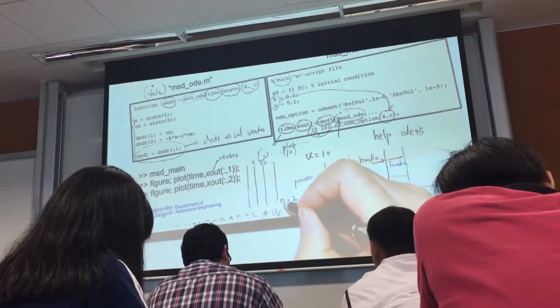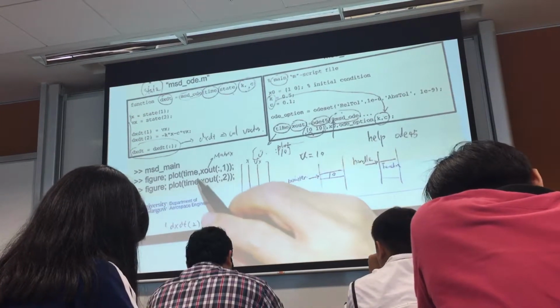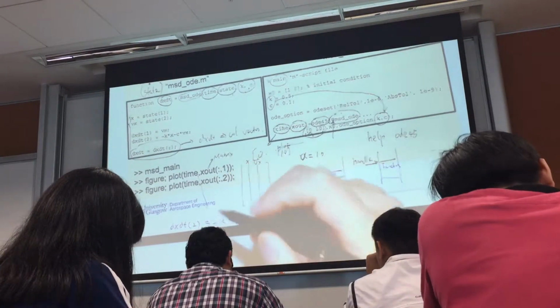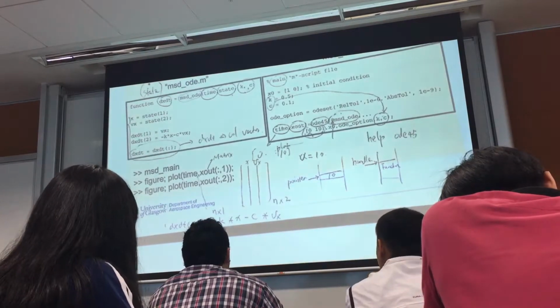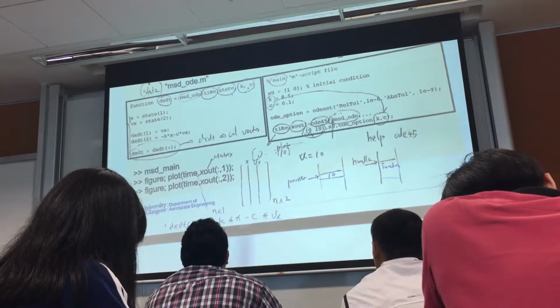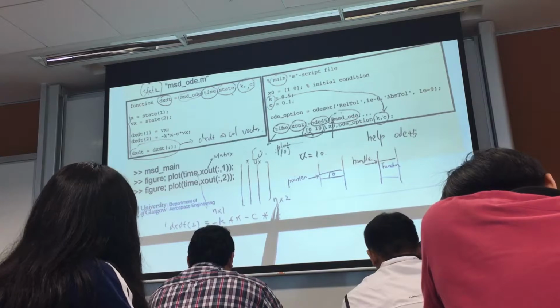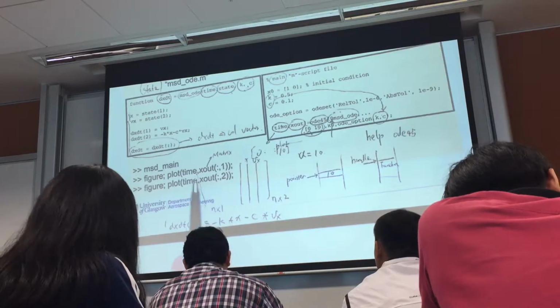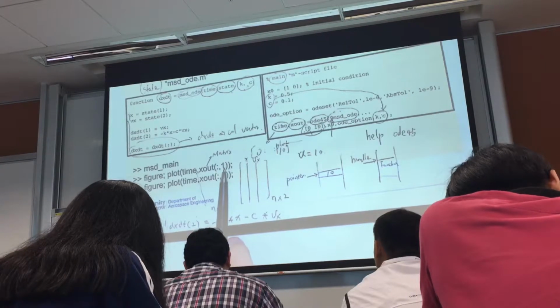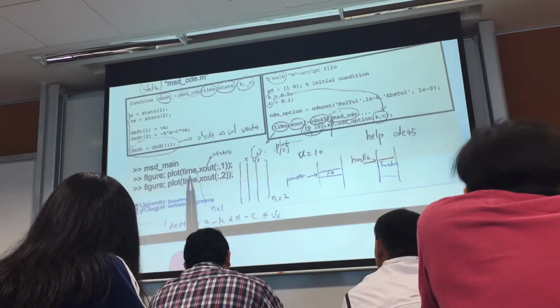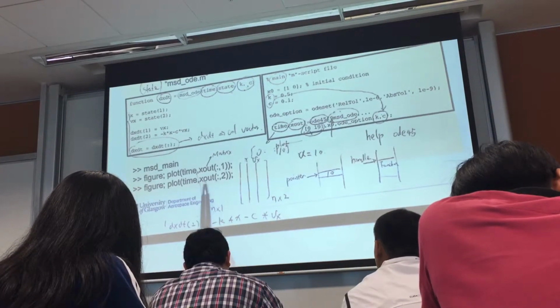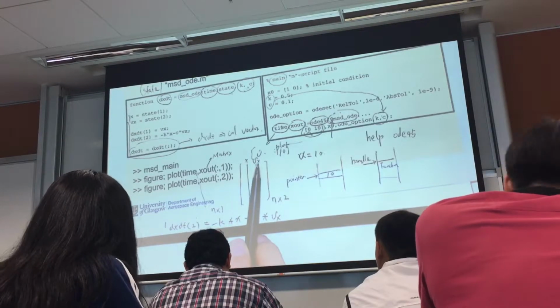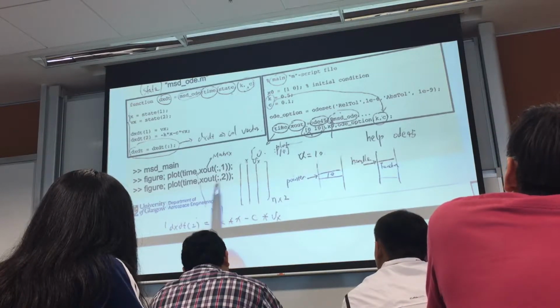This n has the same length as your time, so your time will be n by 1. So we have the same length, so that if you plot your output in this way, you will plot your x in terms of time. This command will plot your velocity in terms of time.